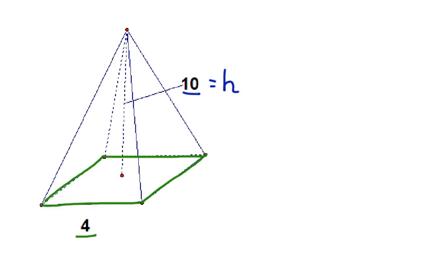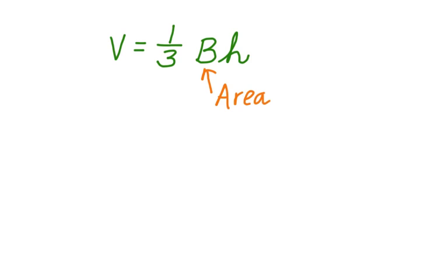There's a formula that we're going to use to figure this out. We're going to say that the volume of a pyramid is equal to 1/3 the area of the base times the height. Again, this B isn't the length of one of the sides, it's the area of the base.